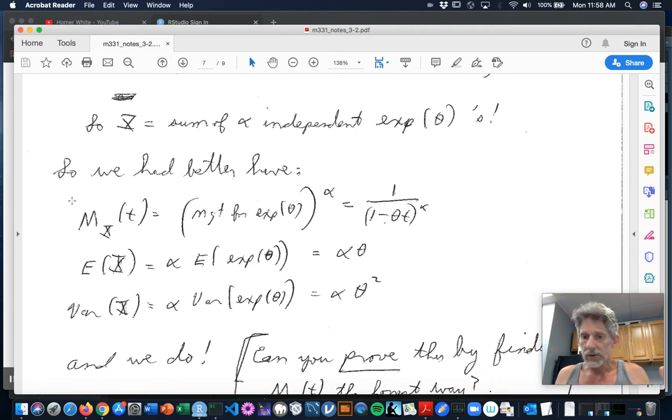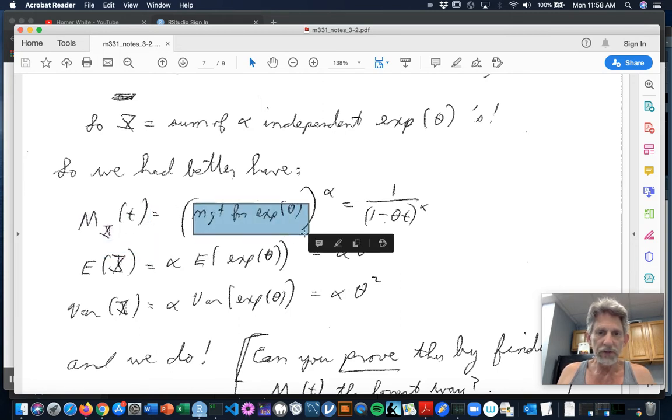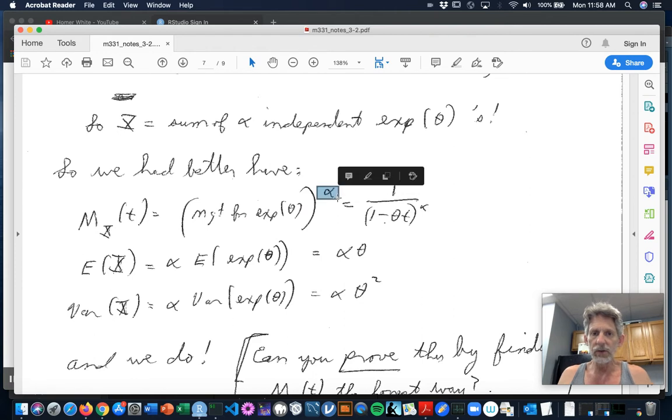With binomials, binomials were the sum of n independent Bernoullis, and the MGF for a binomial was the MGF for a Bernoulli to the n. So you would expect that the moment generating function for a gamma should be the moment generating function for an exponential raised to the number of events you're waiting for. And in fact, it does turn out that way.